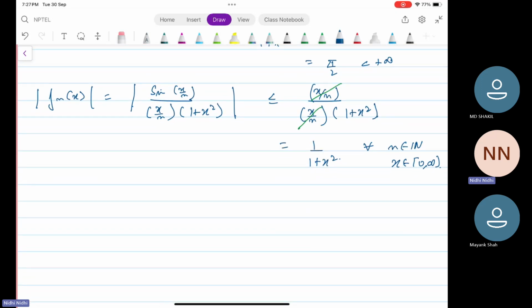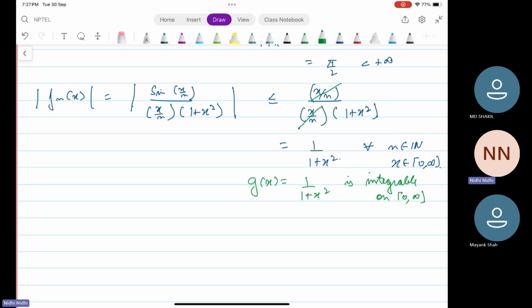We know that this g(x) equals 1 upon 1 plus x square is integrable on 0 to infinity.